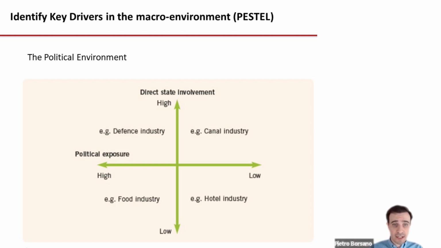So this is an example of heavy political exposure of an industry, but not so much direct state involvement, because the state is rarely an owner of food and beverage companies.